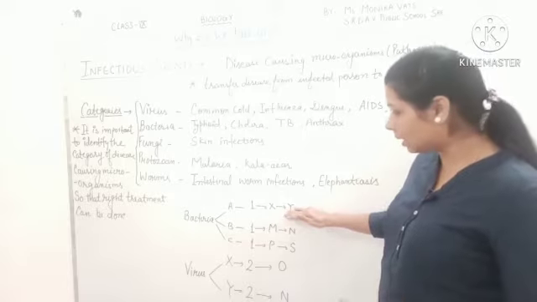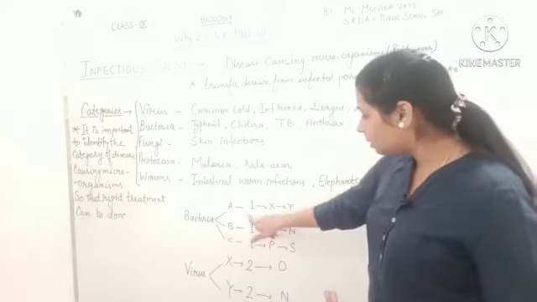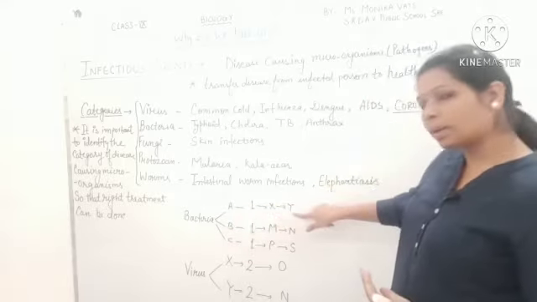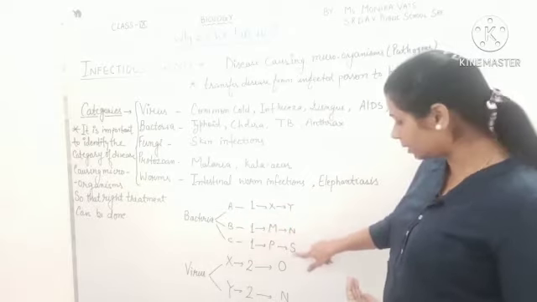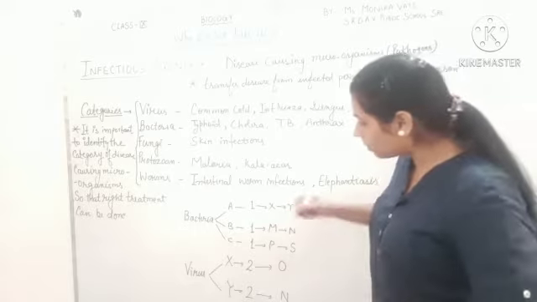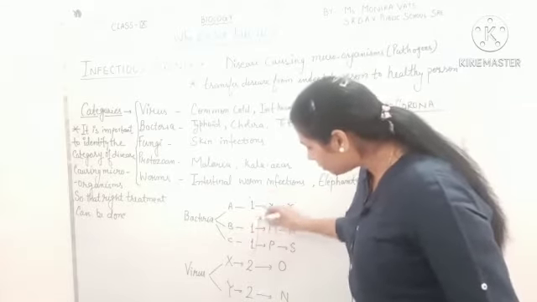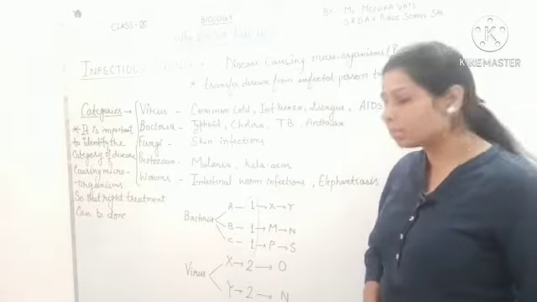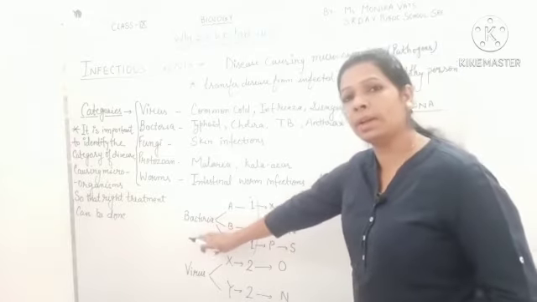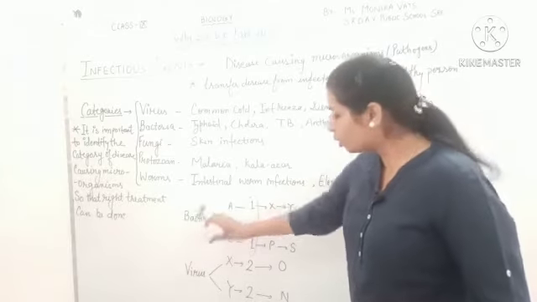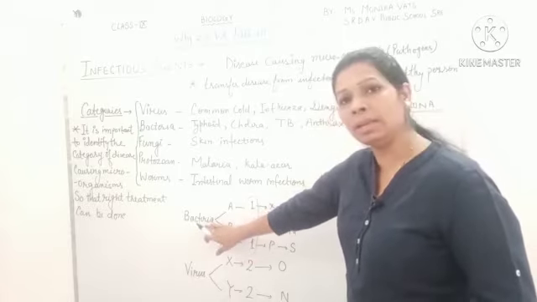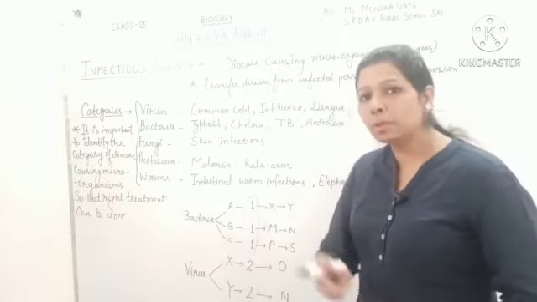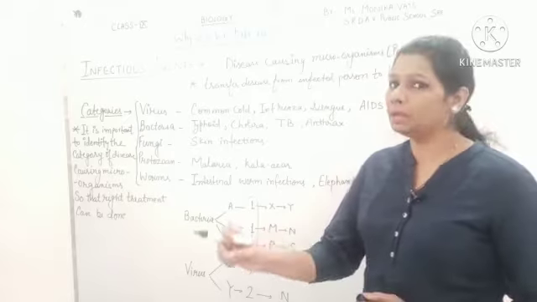This one bacteria carries this biochemical pathway, that one carries another, and so on. One biochemical pathway is common. Why? Because they all belong to the bacteria family. So different members of one family can have a few biochemical pathways in common.